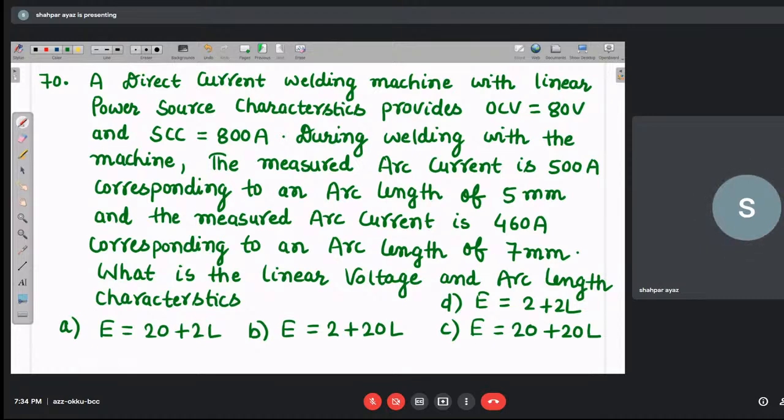Srivastav Prathamesh, E is equal to 20 plus 2L, you are saying.